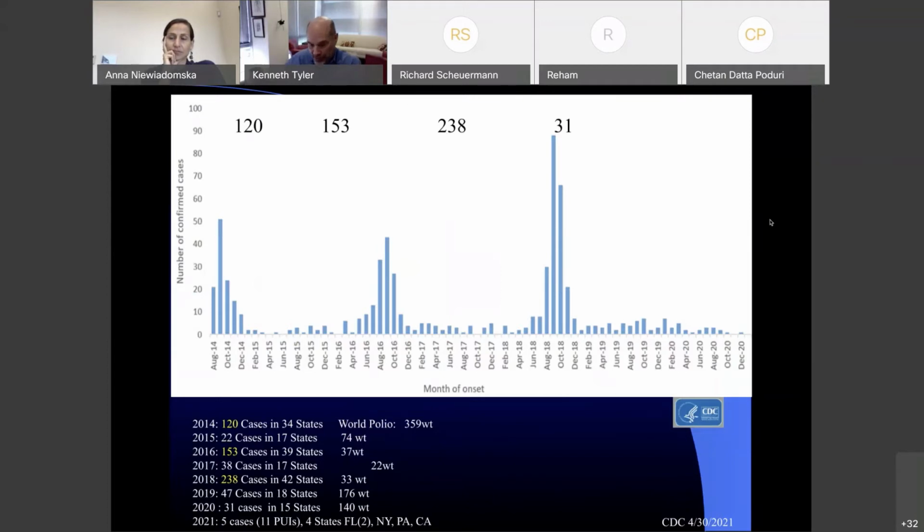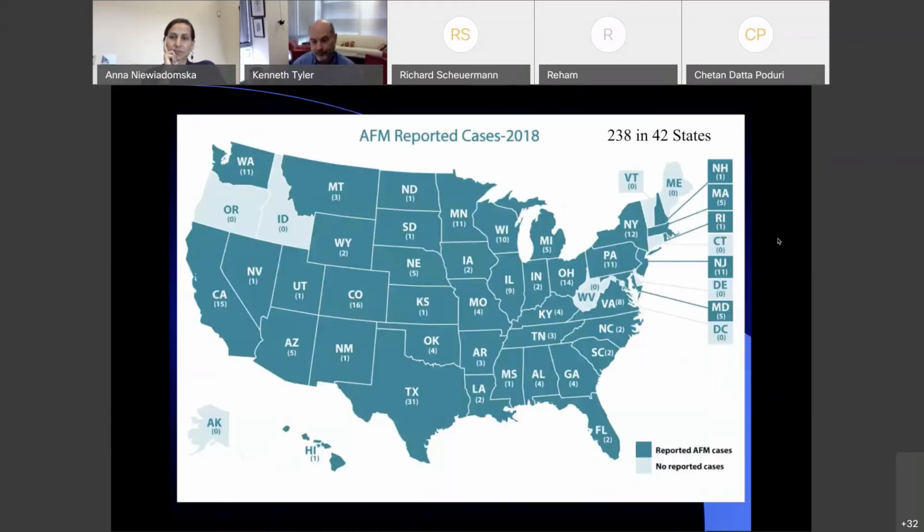So we actually think that it may be COVID-19, social distancing, mask wearing, and other features that prevented that 2020 spike. And we're all waiting with bated breath to see what 2021 will look like. Next slide.